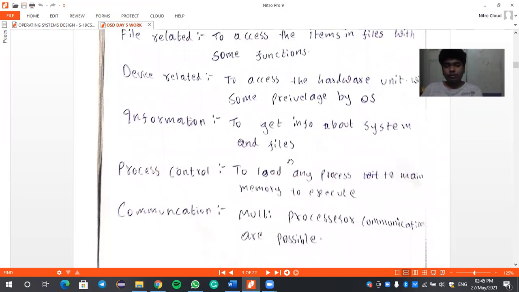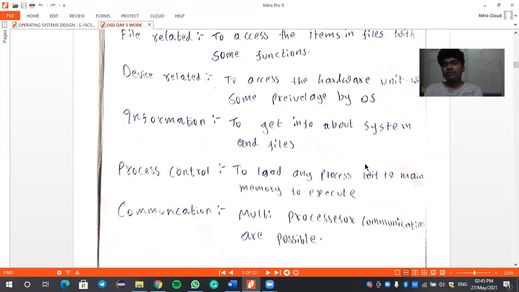Then process control is used to load any process into the main memory to execute. If we need to execute a program, we can't execute it in kernel mode because its mode bit is 0. We need to execute it in user mode, because things done by the user or meant only for the user are done in user mode. So we need to execute the program by getting it into main memory.